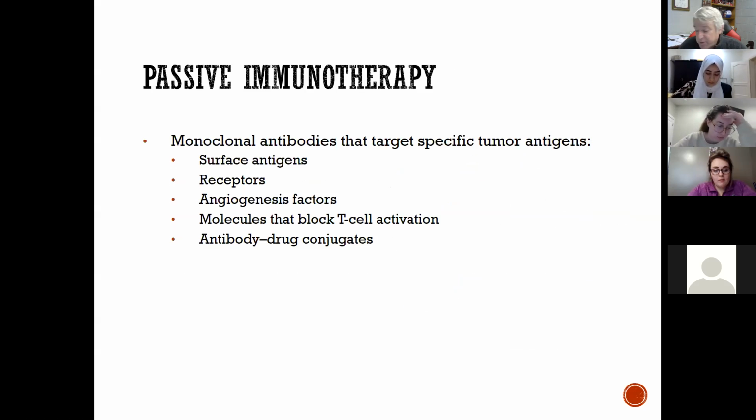And the mechanism of action is opsonization, complement-mediated cytotoxicity, and ADCC. And what was ADCC again? That should be automatic on your vocabulary list. ADCC?